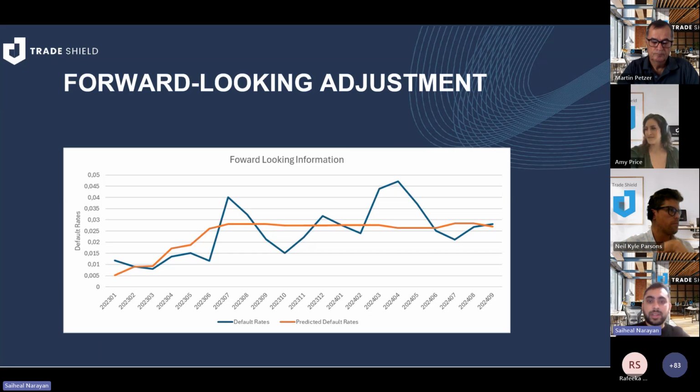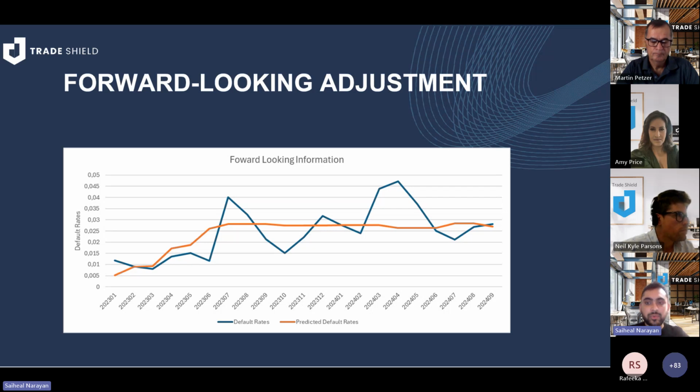This is just a slide to show you for a specific client. We did this forward-looking adjustment and took into account GDP, CPI, and what was the other one? And the repo rates. It's not calibrated yet, just looking at economic factors alone and how well they can track default rates in a specific book.